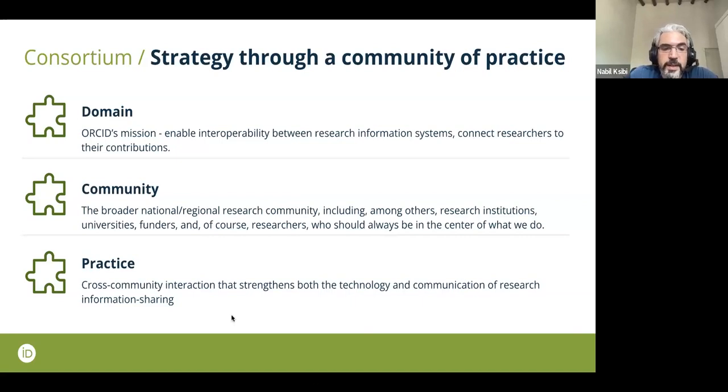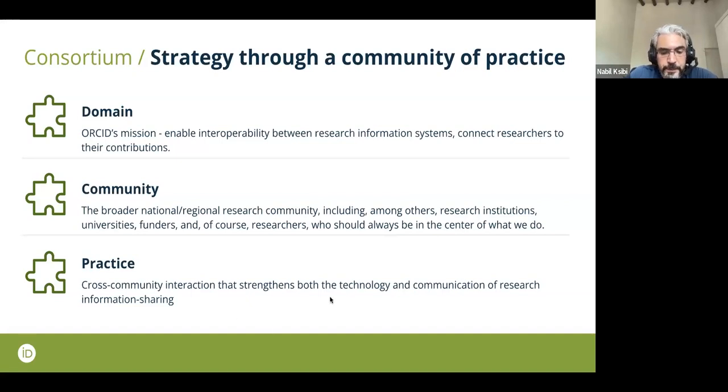How we are building practice: we are trying to create and maintain this kind of interaction across the community, to share technology developments in terms of ORCID integration, and also in terms of innovation and communication of research information sharing.